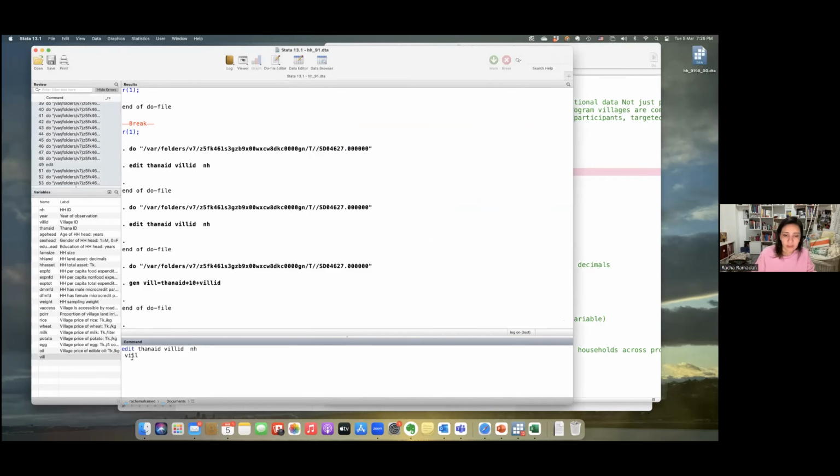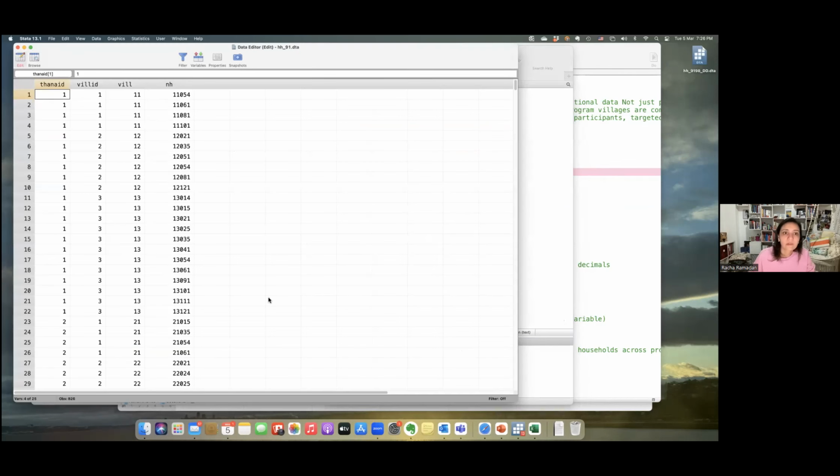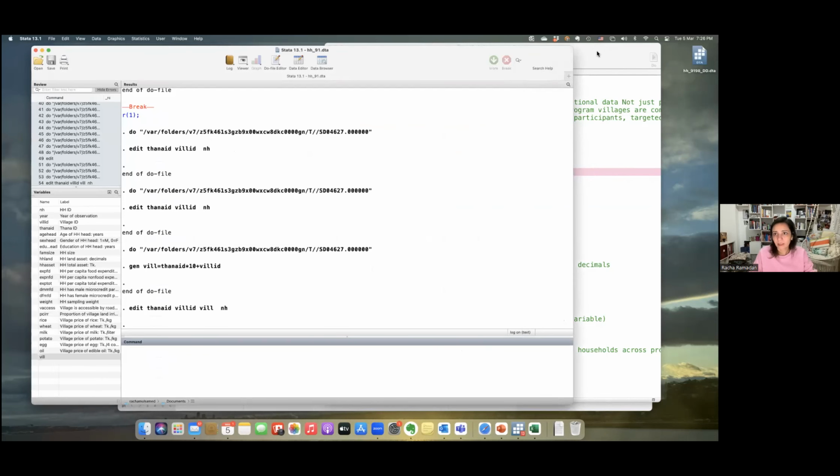This is a household identifier. You see that here, instead of having an ID for the SANA and an ID for the village, I create only one identifier, where the first number shows the SANA, and the second one the village.